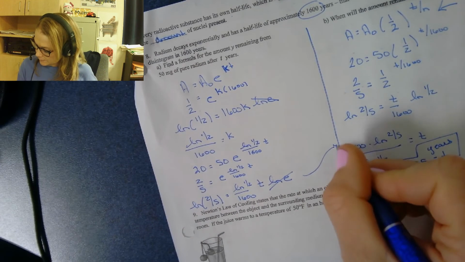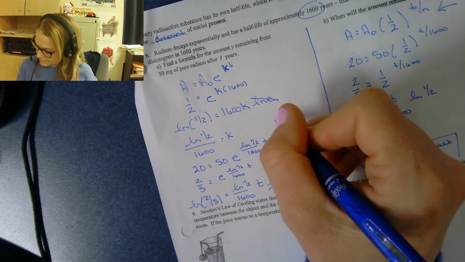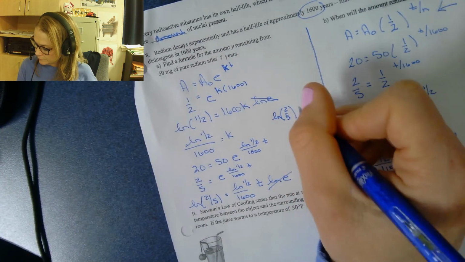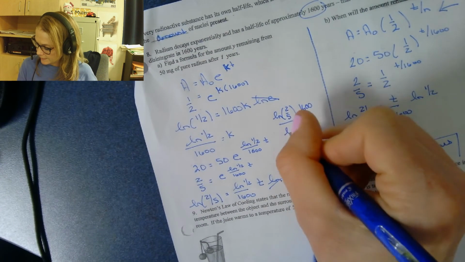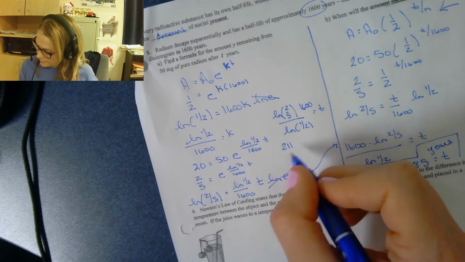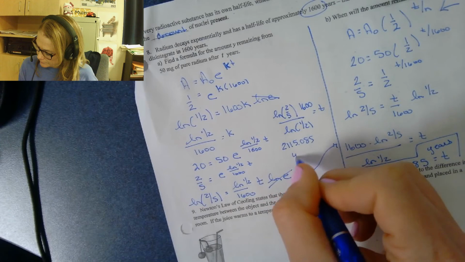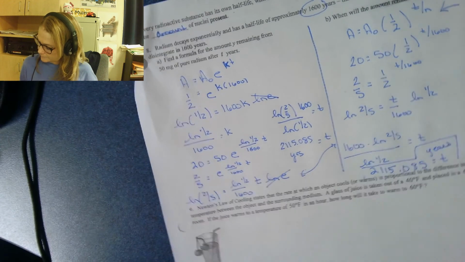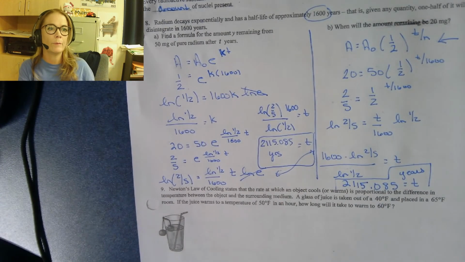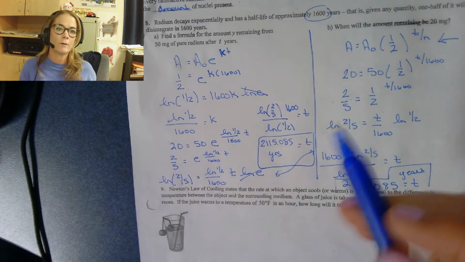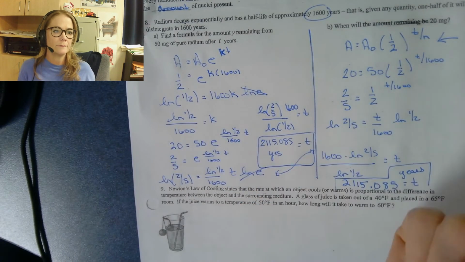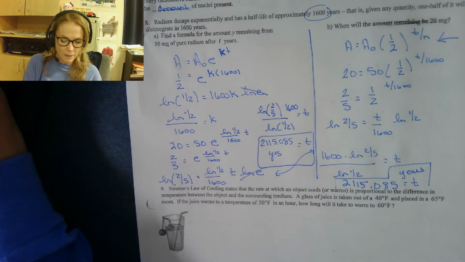Hopefully you can see the similarities between the two, because essentially they are the same thing. And we'll get 2,115.085 years. Either way you want to solve both of those problems. If you're asked to give a formula and you gave this formula, great. If you gave this formula, great. They're the same thing.